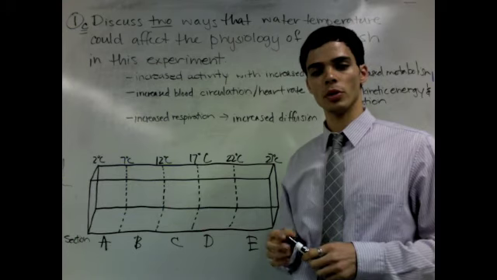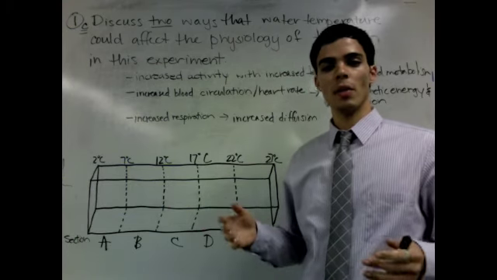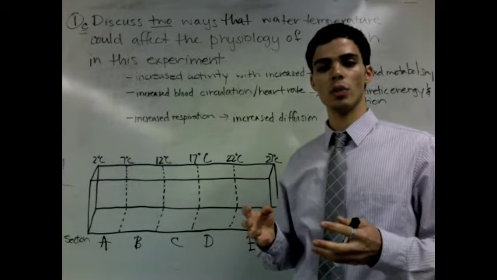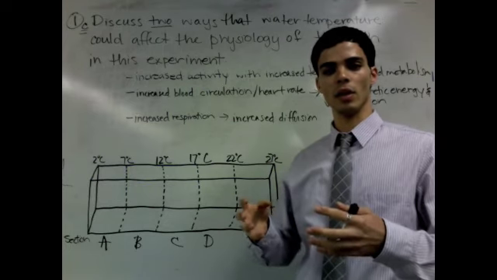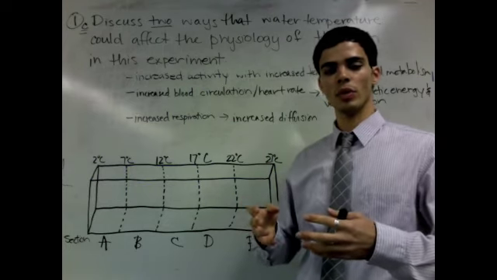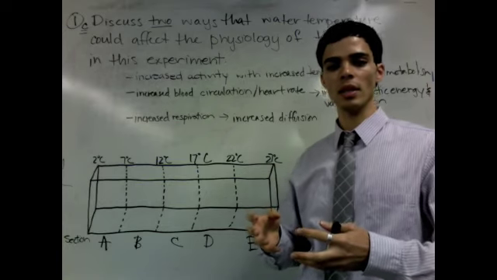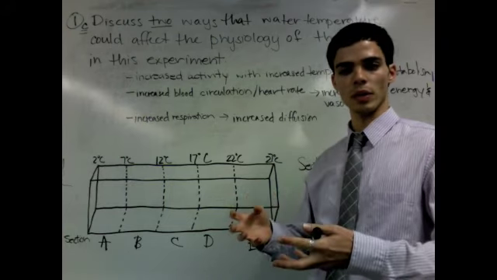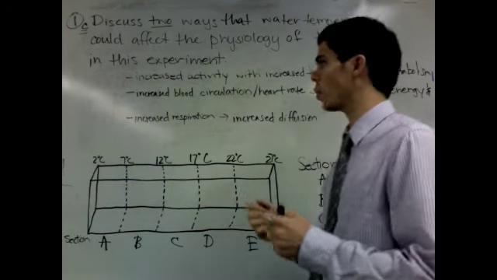And at lower temperatures, when it's colder, a reverse effect will be seen, where a decrease in the diffusion rate and kinetic energy of the molecules will result in a decrease in the overall completion of the chemical reactions, and therefore a decrease in the metabolic rate of the organism.